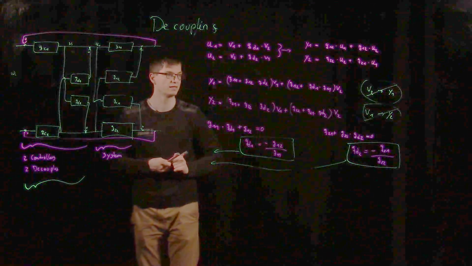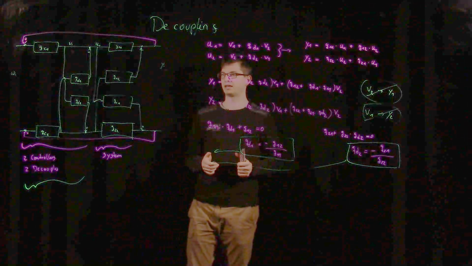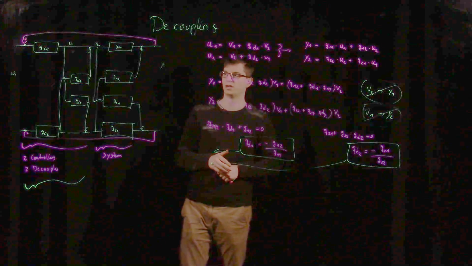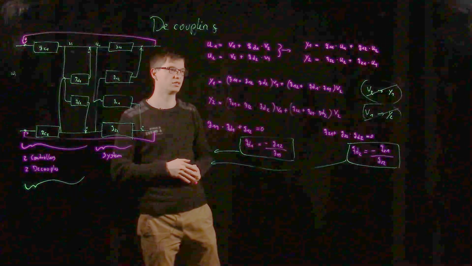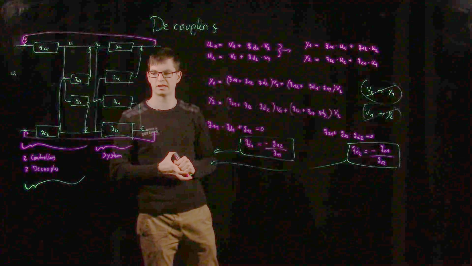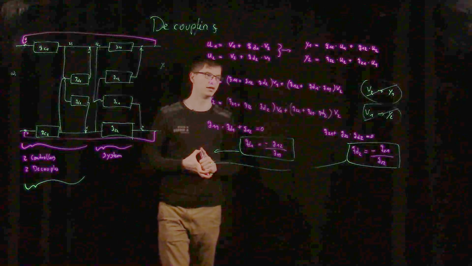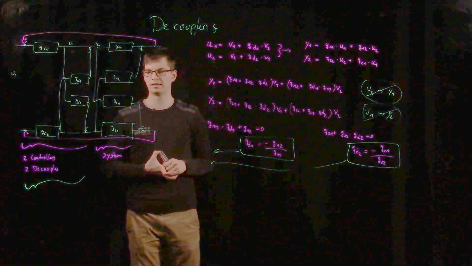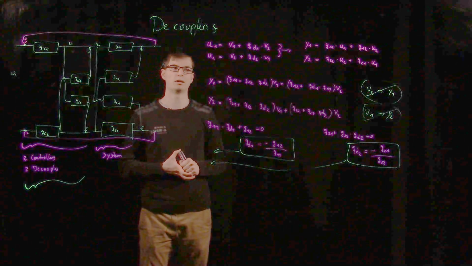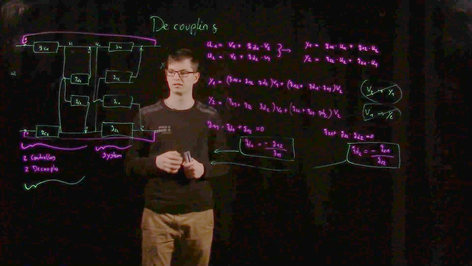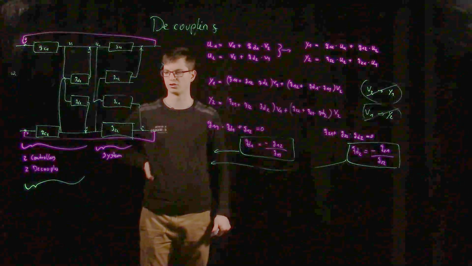And what we now get is a dynamic decoupling system. The system is dynamically decoupled, and we can use such an approach in around 90% of all cases. That's quite a good decoupling technique for separating this interaction.